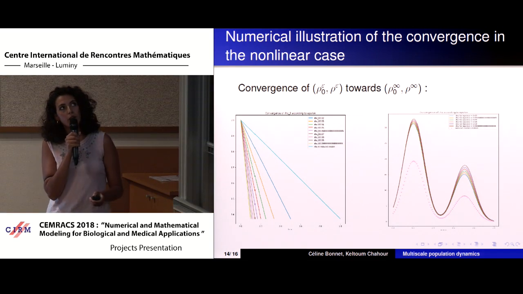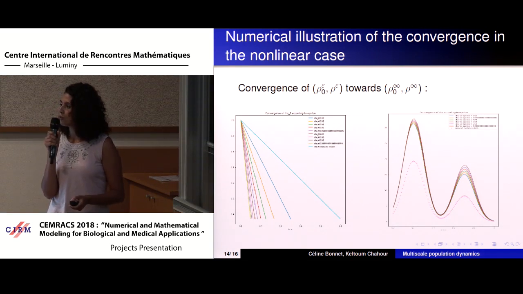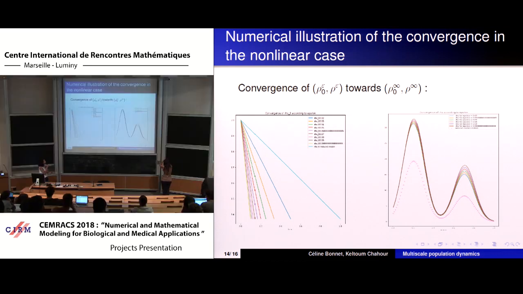So here are some figures illustrating convergence of the PDE equation with epsilon to the reduced model, that is the PDE equation with epsilon equal to 0. Here we have the convergence of the boundary condition rho at 0.